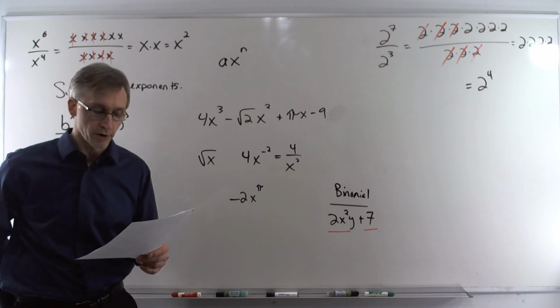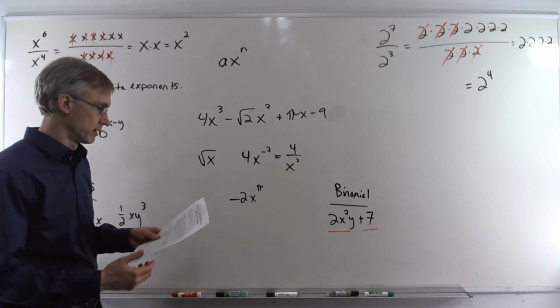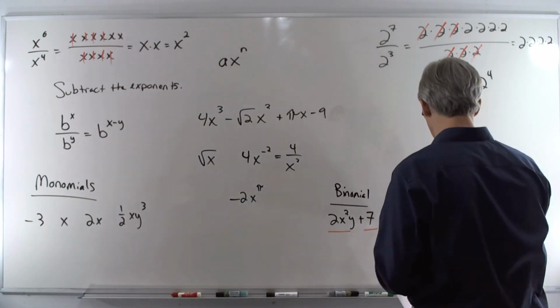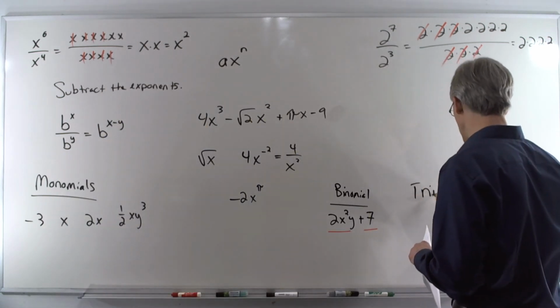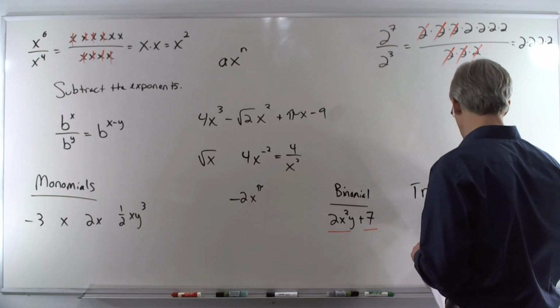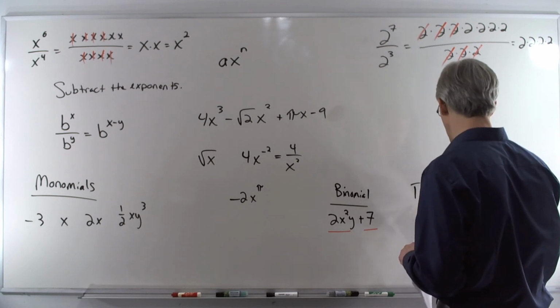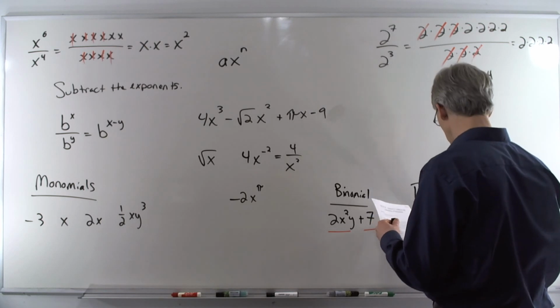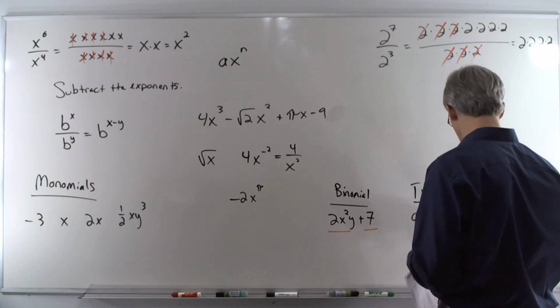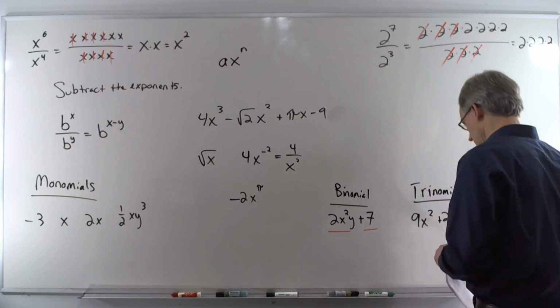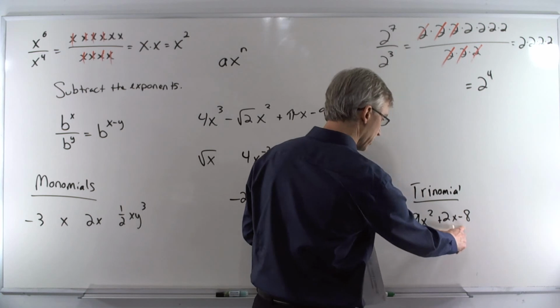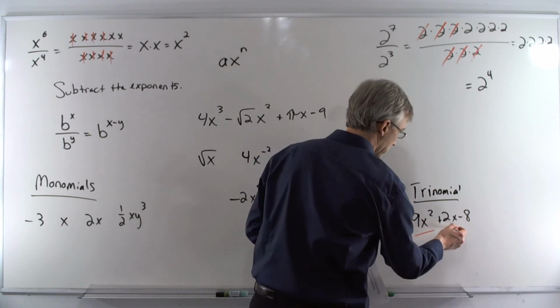Then we can also have trinomials, three terms. So an example of that would be 9x squared plus 2x minus 8. Here we've got addition and subtraction there, so that gives us three terms.